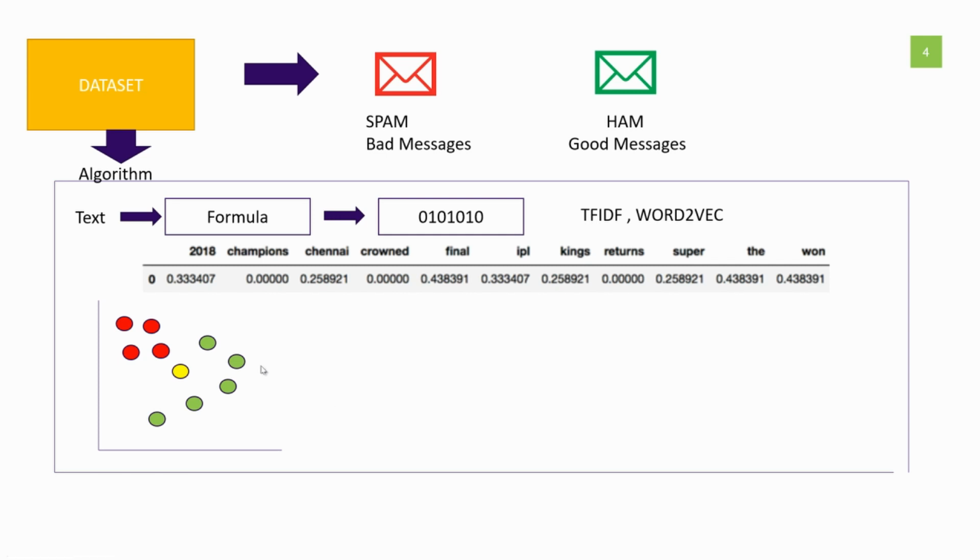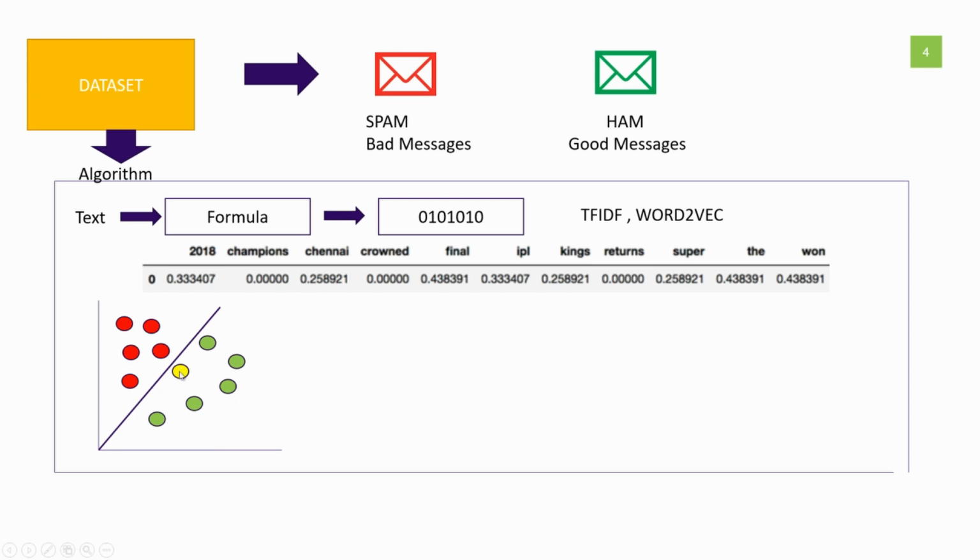Now guys, you have the number systems of the ham messages and of the spam messages. This graph is just to give you the visualization. And if you plot a small division boundary between the two, you see the spam are gathered at one place and ham are gathered at the other place.